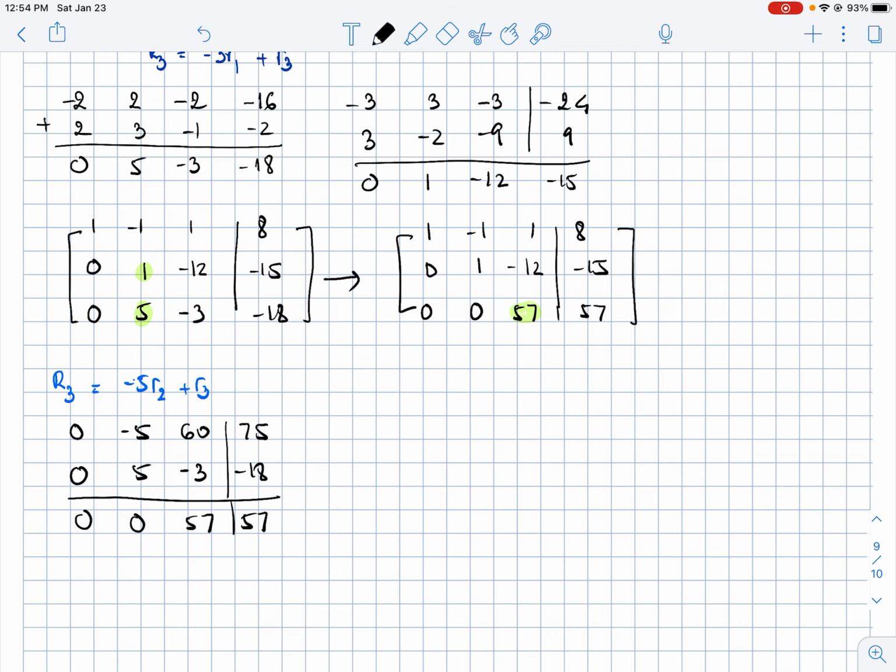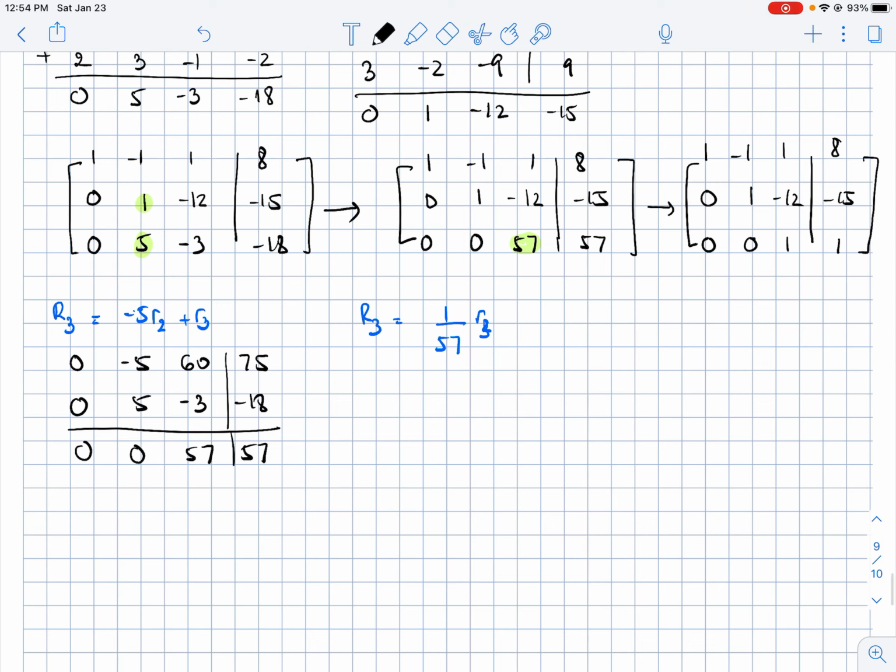So we write it down in row number 3: 1 over 57 times row 3. So we copy 1, -1, 1, 8, and 0, 1, -12, -15, and multiply the last row by 1 over 57. And that's it. We already have row echelon form.